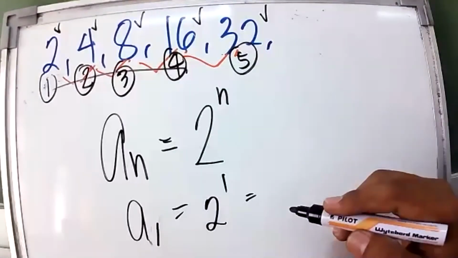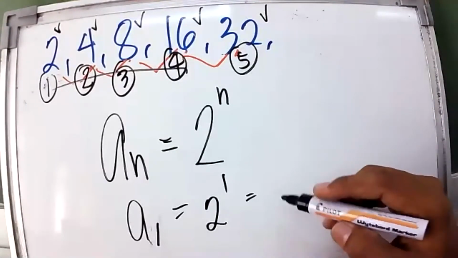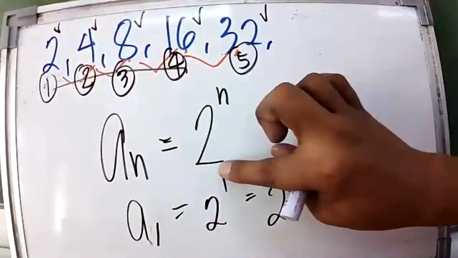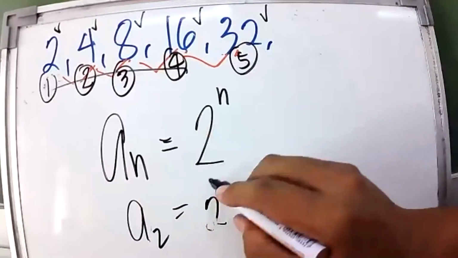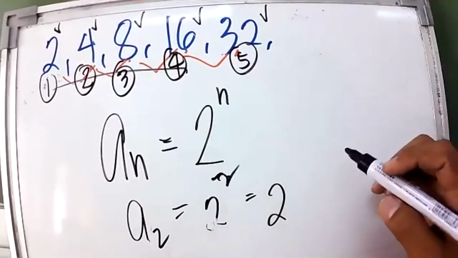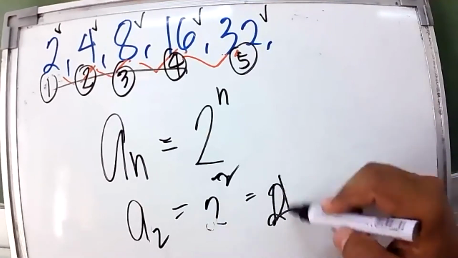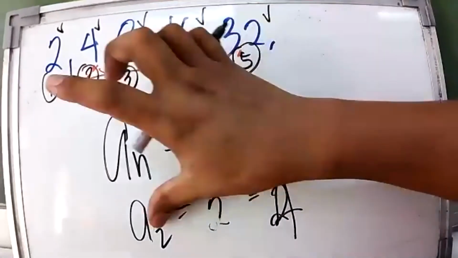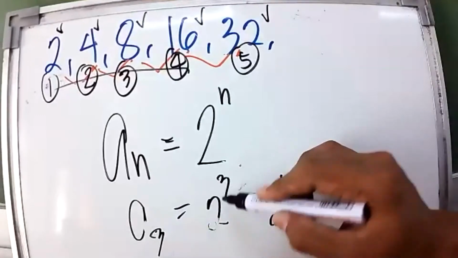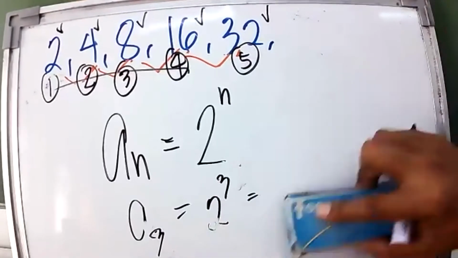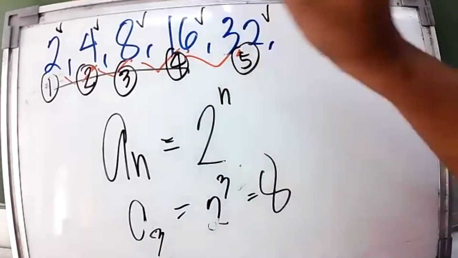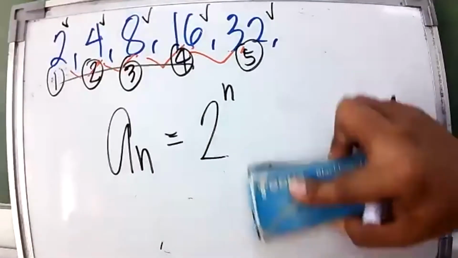The answer? 2 po. Check. Let's try 2. 2 squared is 4 po. Check. Magaling na. 3. What's the answer? 8 po. Wow. Check.